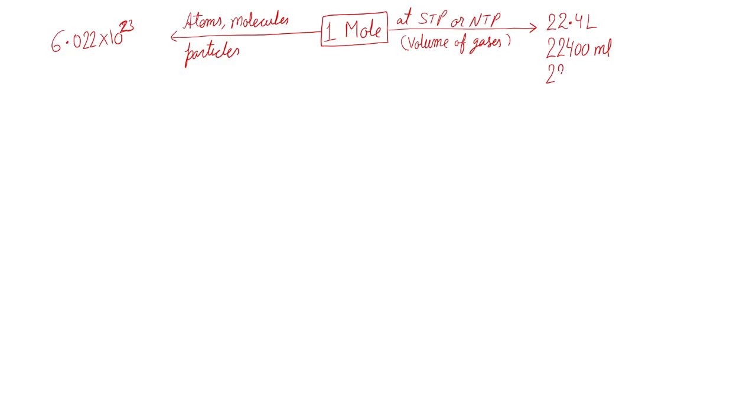We can also write it as centimeter cube, or 22,400 cc basically. Okay, but remember that these are all real gases. In future, definitely you will read about ideal gases.